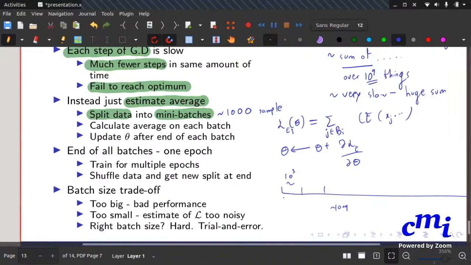And then we take the average over these and minimize that. Take the average over these, minimize that, and so on, right?